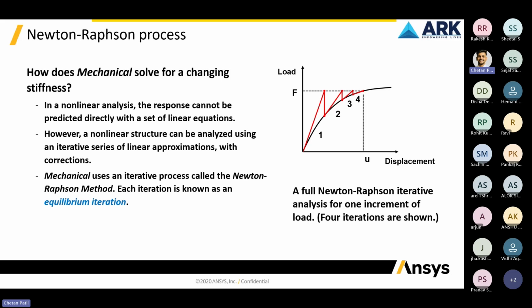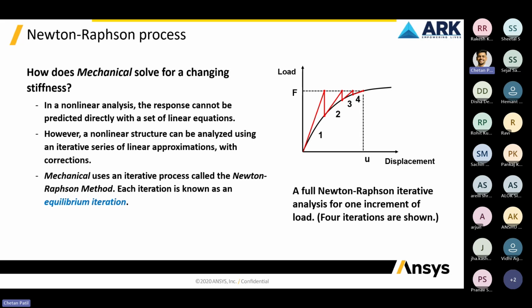Whenever we use a stiffness matrix equation, it's only made for a linear set of equations. Using that set of equations, we can't solve the change in stiffness of the model. We can't solve the non-linear behavior of the material or the non-linear behavior of the model.